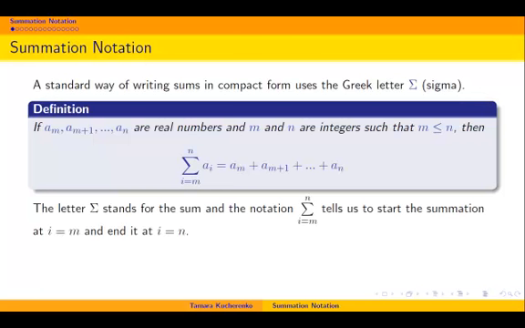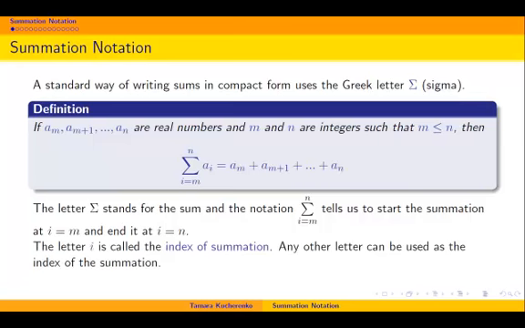The letter sigma stands for the sum, and the notation sigma from i equals m to n tells us to start the summation at i equals m and end it at i equals n. Here i takes on consecutive integer values, beginning with m and ending with n.